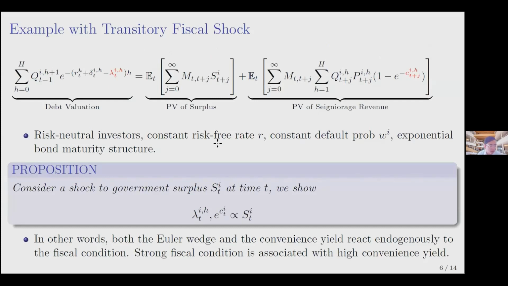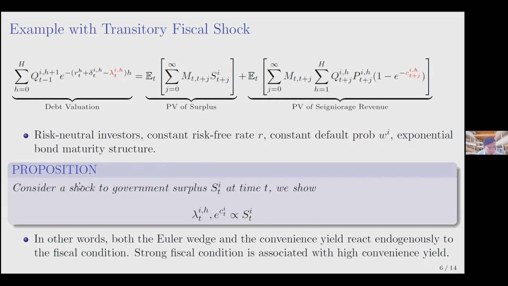We also have a specific example in which we have risk-neutral investors, constant risk-free rate, and constant default probability, and in doing so, we actually lock down the variation in the default spread. And we have an exponential bond maturity structure to keep things tractable.